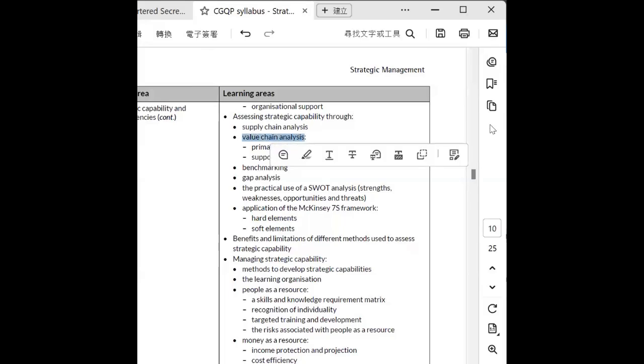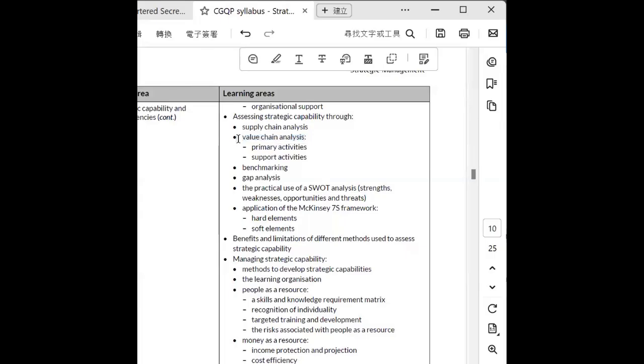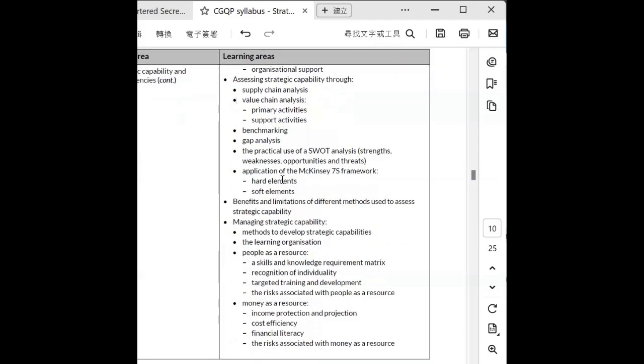Then value chain analysis breaks down the activity into the primary activities, the inbound logistics, operations and marketing, and support activities, which are the HR, the IT, and the procurement. Right. So I mean, you should learn these models very well because this is very useful in your analysis.